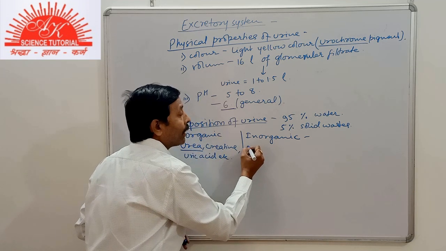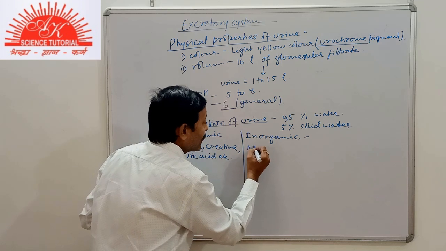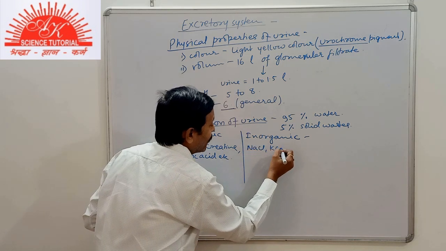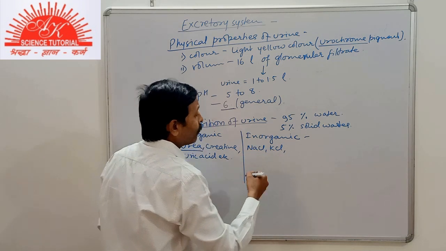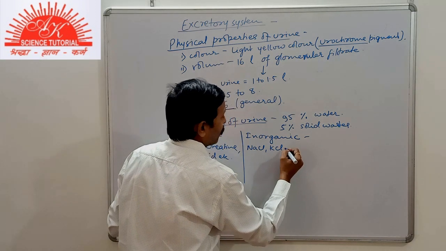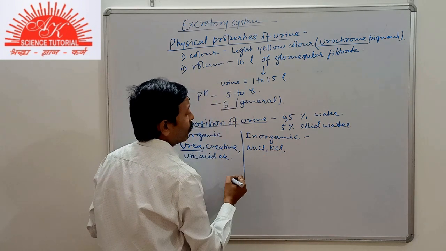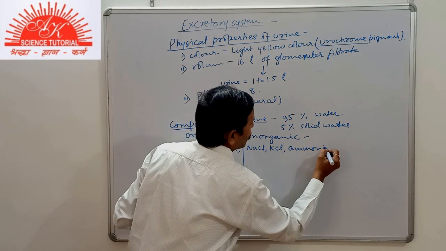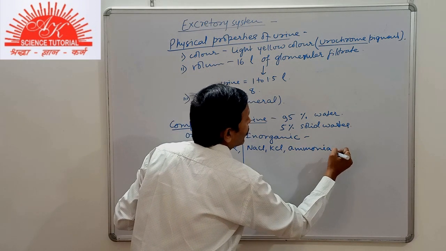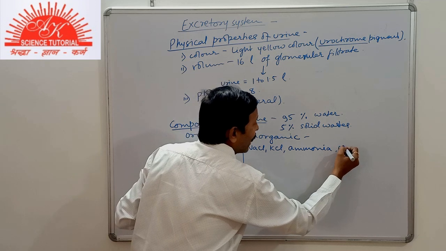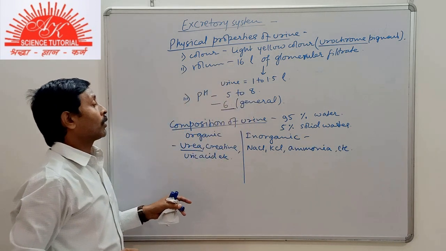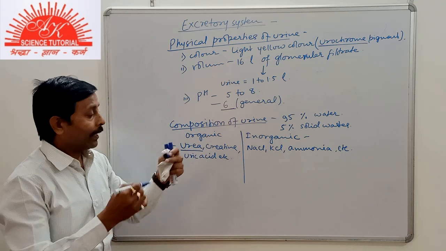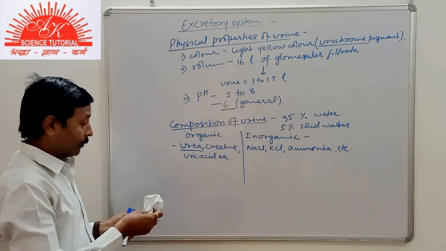In inorganic part, it will be NaCl, that is sodium chloride, potassium chloride, some glucose in case of diabetic patients also, and ammonia, then some antibiotics, soluble vitamins, etc. So these are the organic and inorganic constituents of urine.